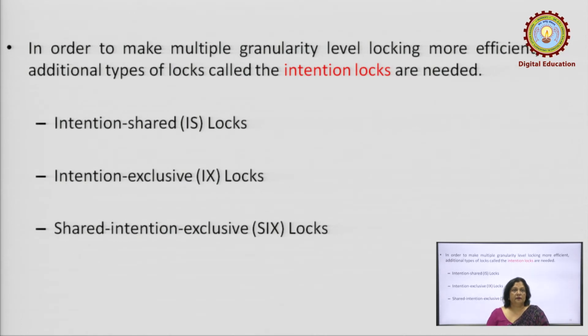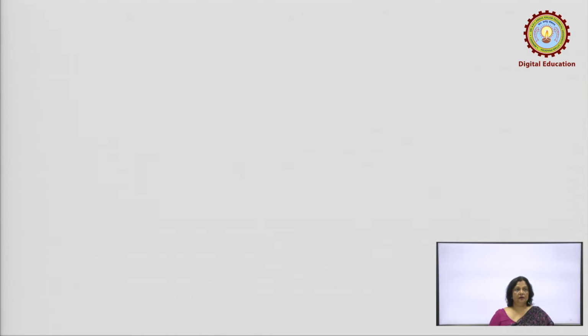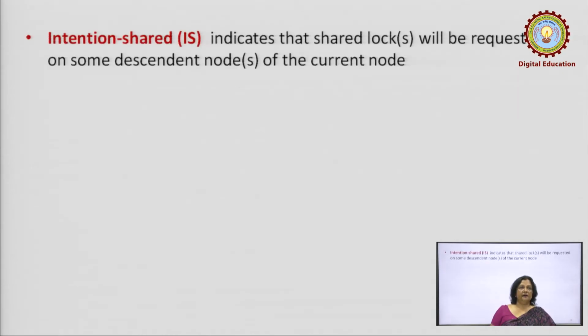In order to make the multiple granularity technique even more effective, additional locks which are called the intention locks are needed. We have three types of intention locks: intention shared lock, intention exclusive lock, and the shared intention exclusive lock. Let us see what these are. An intention shared lock indicates that the shared lock will be requested in some of the descendant nodes of the current node.